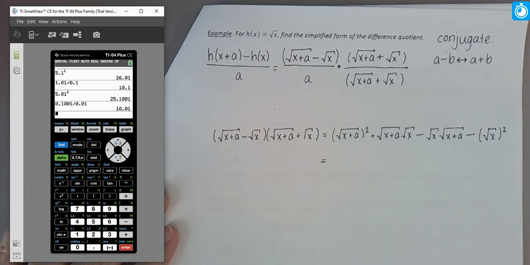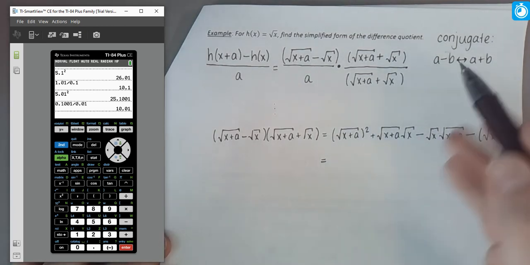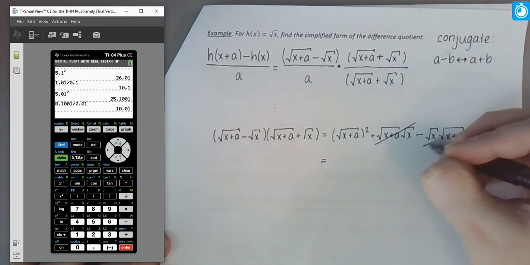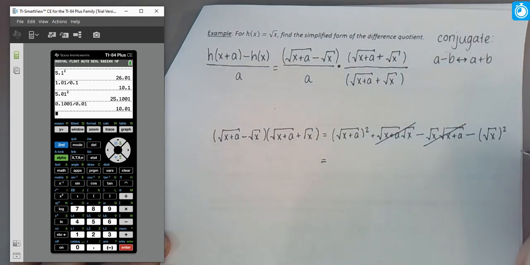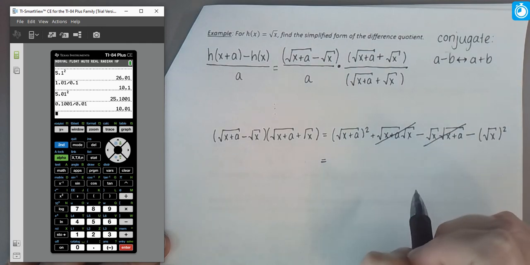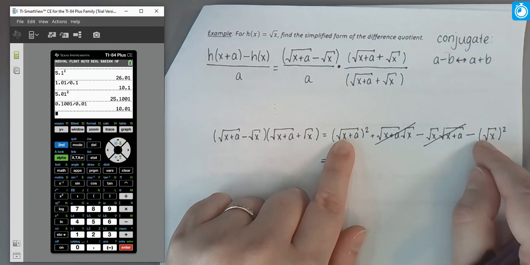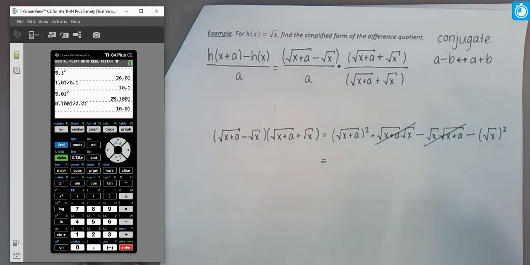Before, they both had the same sign, so they truly combined into one larger term. Here, they're the same, but they're equal and opposite, which means they're going to cancel out. They're going to reduce to 0. So a positive term, subtract the same term, they reduce to 0. So the square root goes away here, the square root goes away here, and these two terms are eliminated entirely.